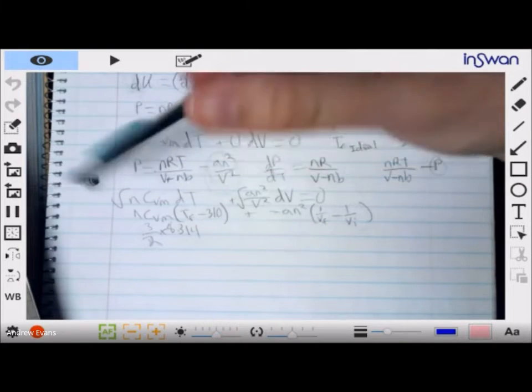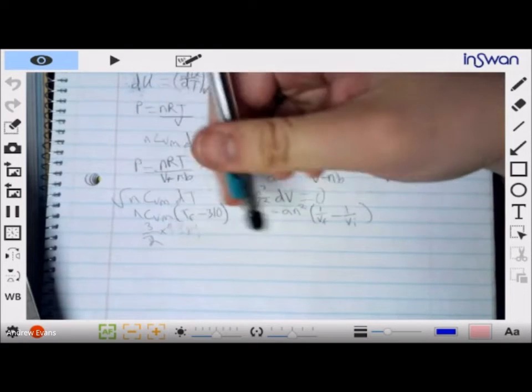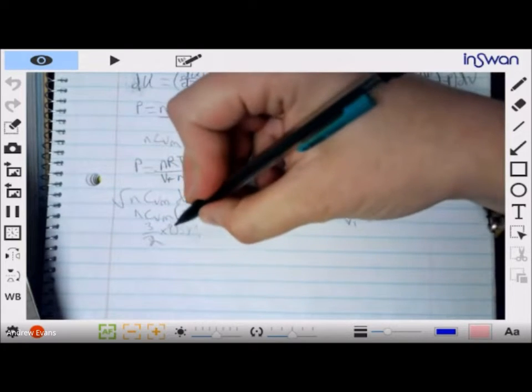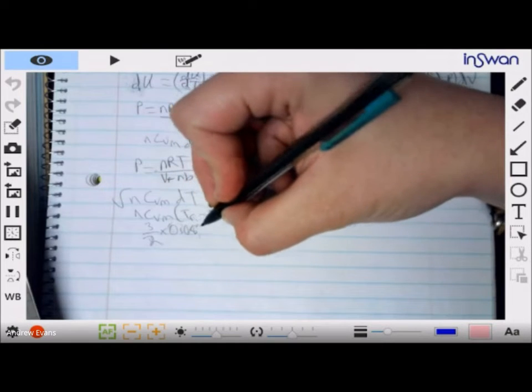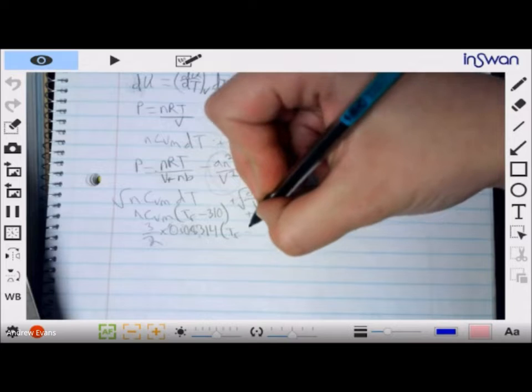Actually, it'd be better if I left this as bar liters. So we have 0.08314 times TF minus 310.